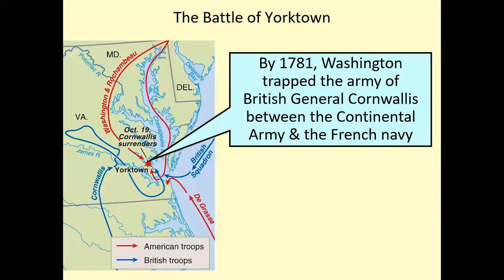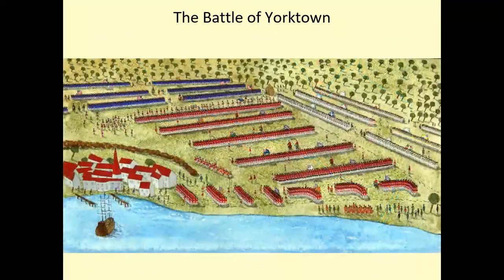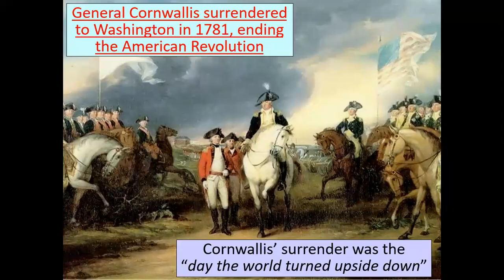The French Navy is cutting off escape from the Chesapeake Bay out to the ocean. So the French Navy's here, blocking it, and we're all surrounding here, and they've got nowhere to go. Just like this. So they have no choice but to surrender, and that is how the war ends.